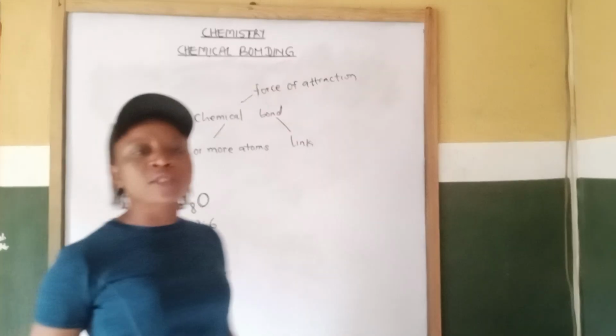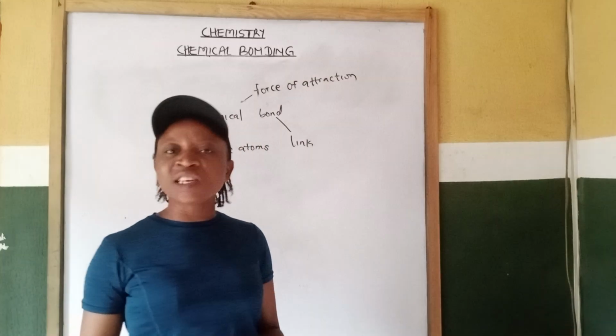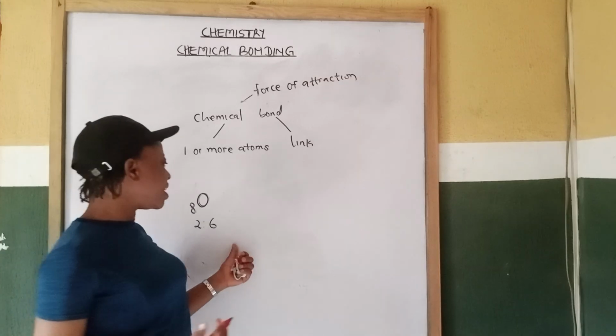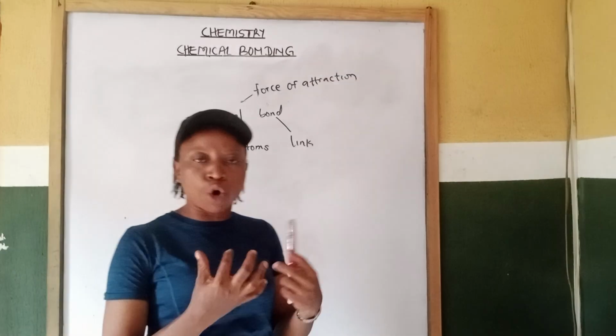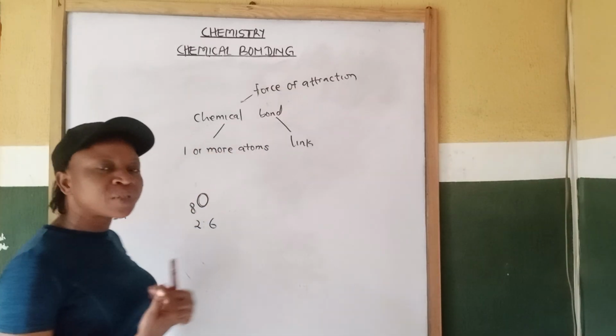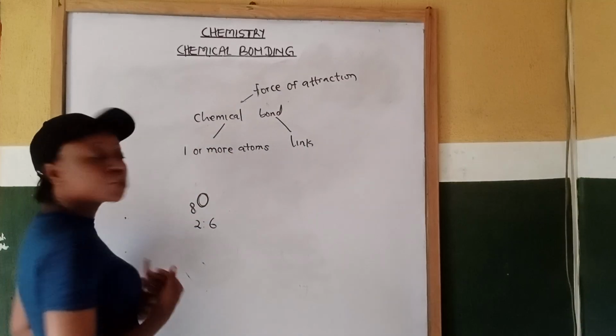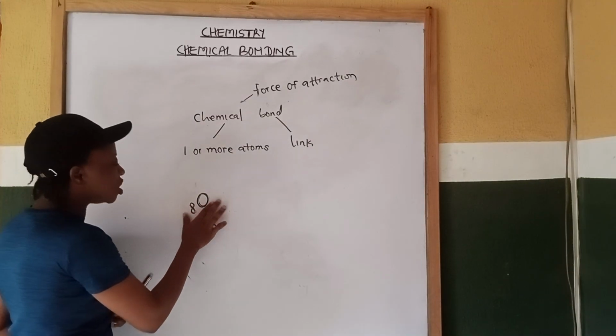So those elements with 5, 6 or 7 valence electrons are non-metallic atoms. So they accept electrons, they receive electrons, to complete their outermost shell. So this is an oxygen atom.